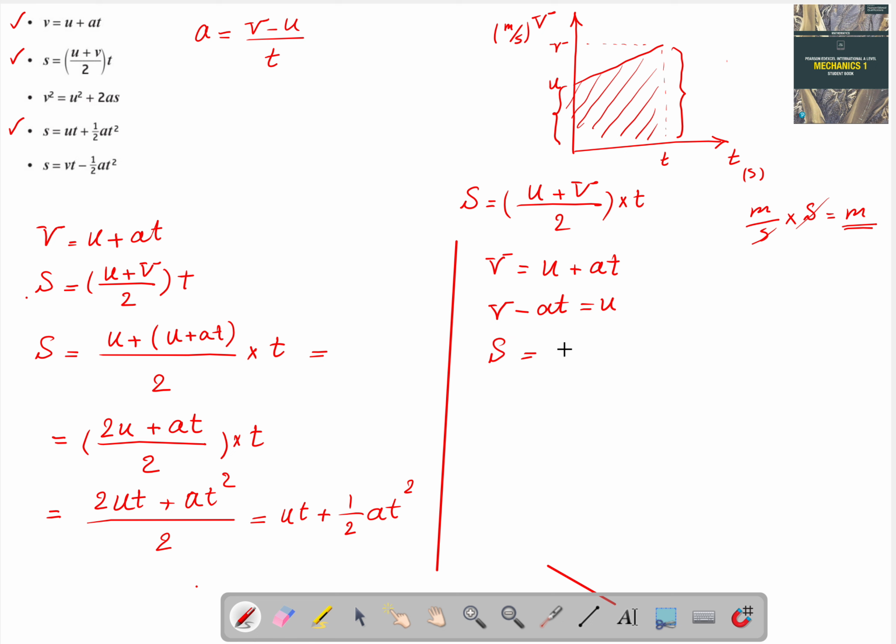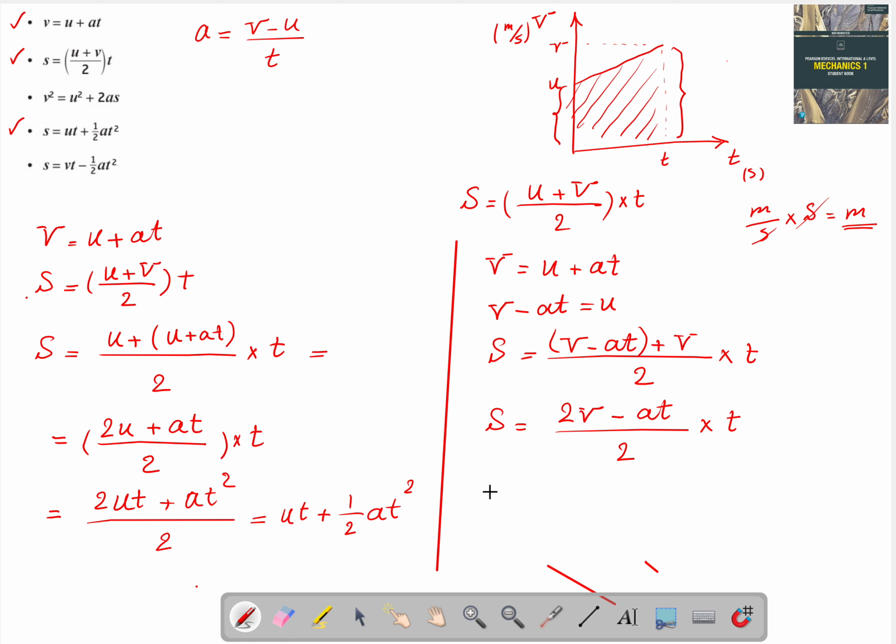So S will be, instead of u, I can write v minus at, plus v, divided by 2 multiplied by t. So instead of u, I insert v minus at. Okay, now we can write that as displacement equals v plus v minus at divided by 2 multiplied by t.